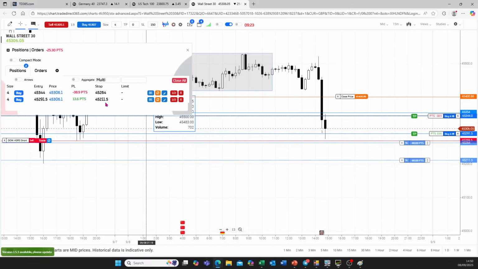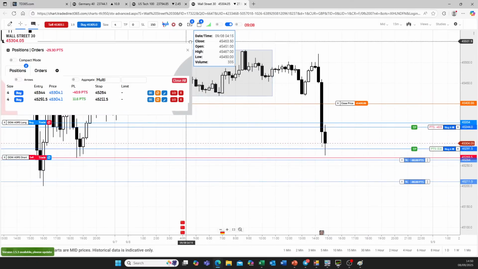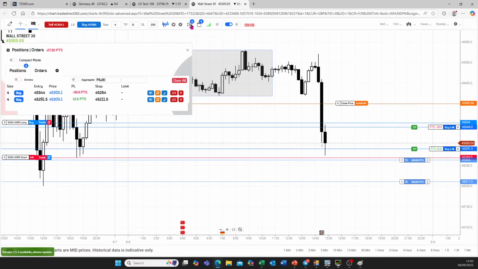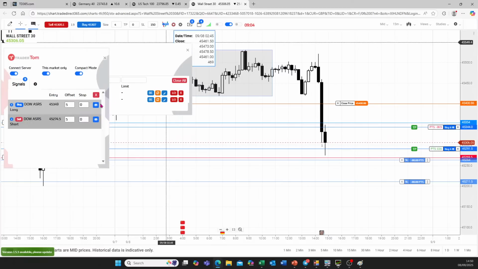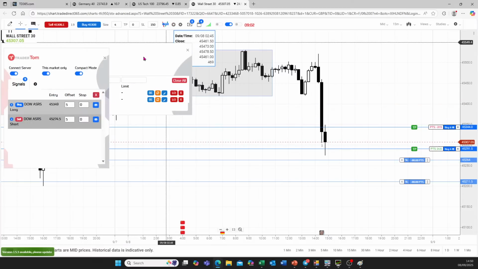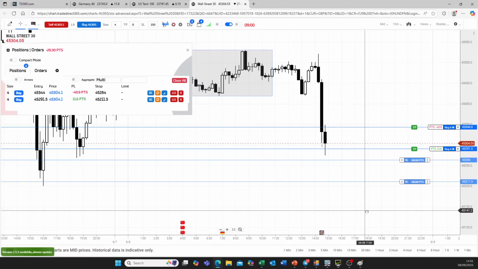My stop loss is currently at 264 and 211. What I'm going to do is get rid of these lines here. There we go. So we can see them better.